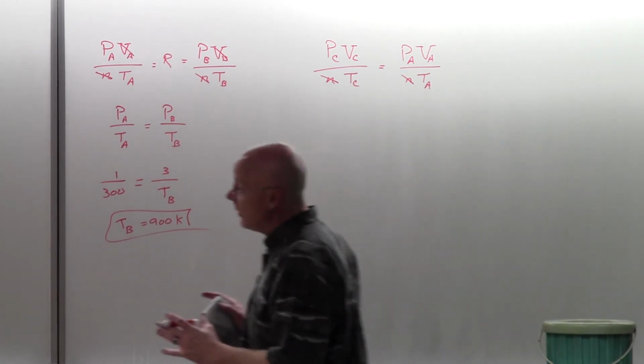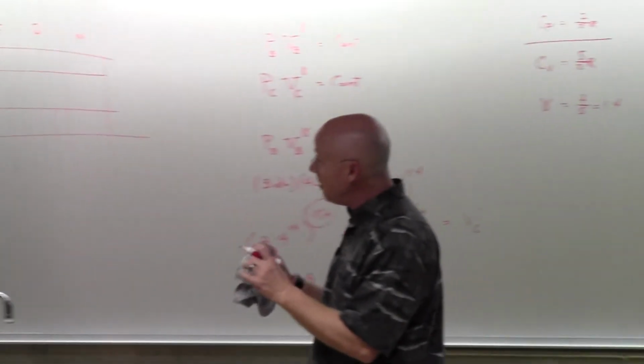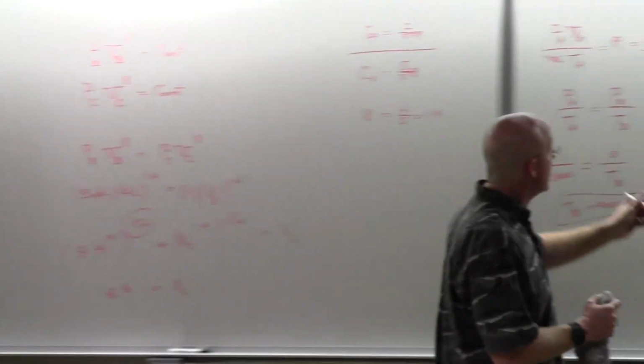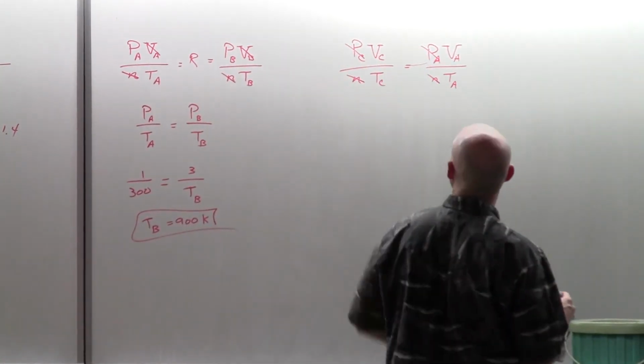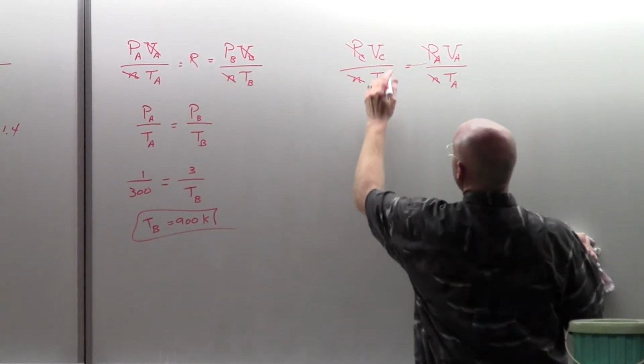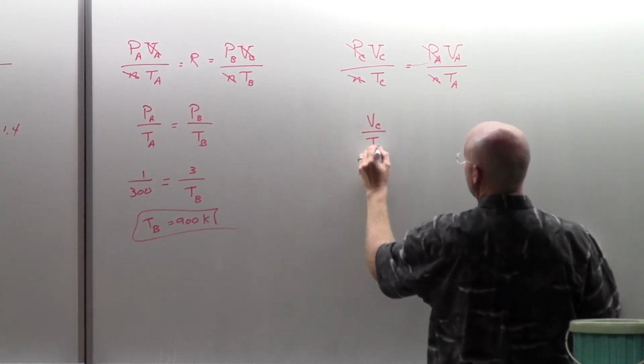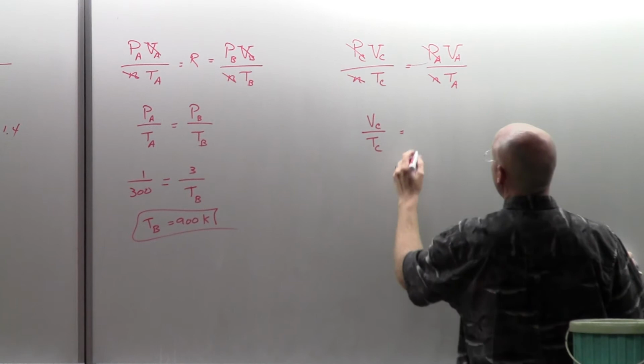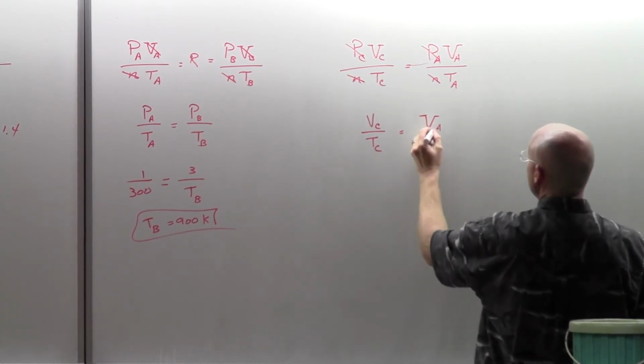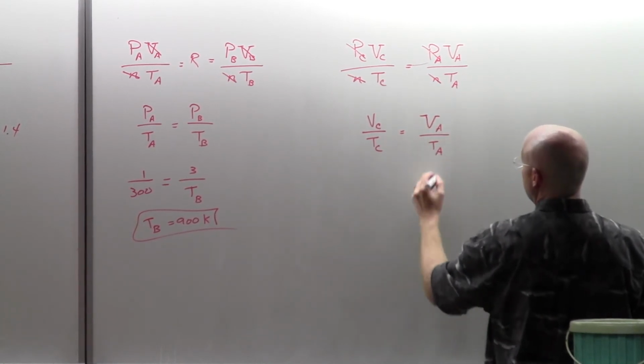C to A is the isobaric, so they have the same pressure, and the pressures go away. So the volume at C over the temperature at C, which is what I want to find, equals the volume at A over the temperature at A.